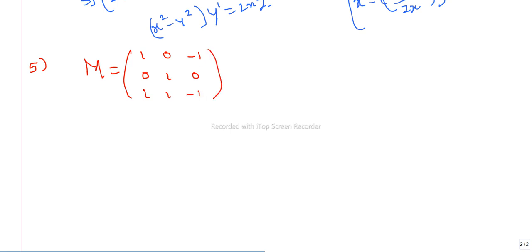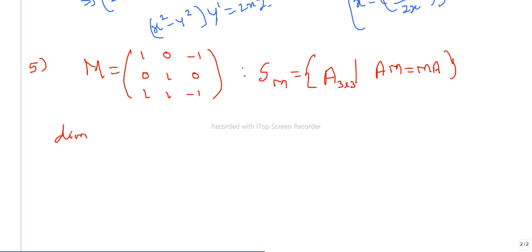We define the new set S suffix M, the collection of all matrices A that commute with this M, that is A times M equals M times A. We collect all 3 by 3 matrices that satisfy the commutative property with this particular M, and this forms a subspace. The question is, what is the dimension of this S_M, a vector space over R?